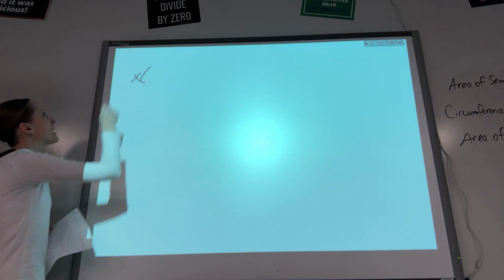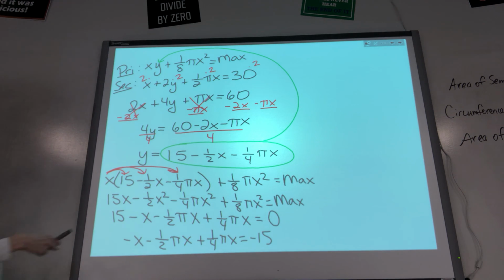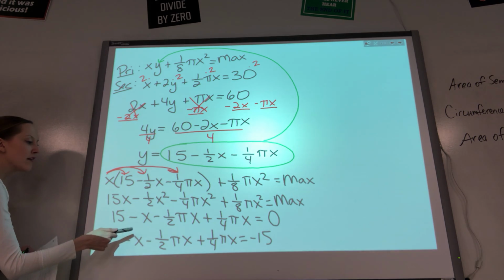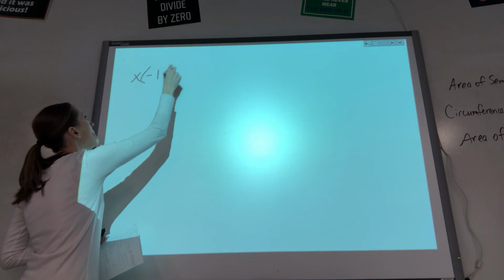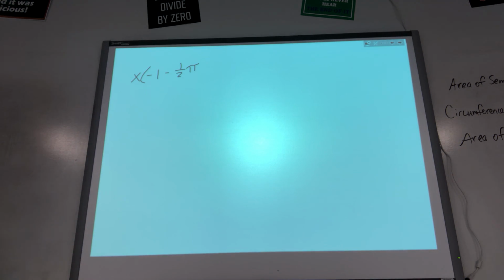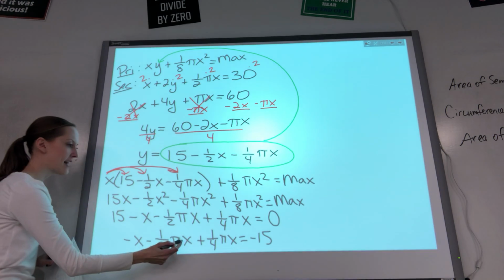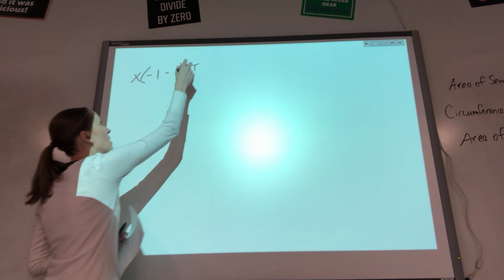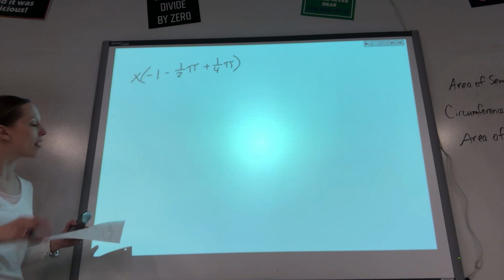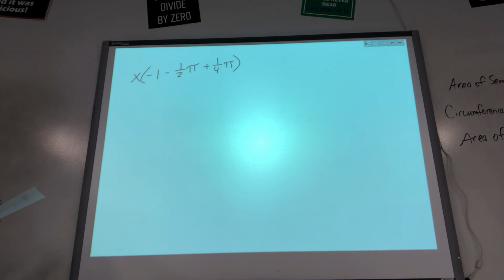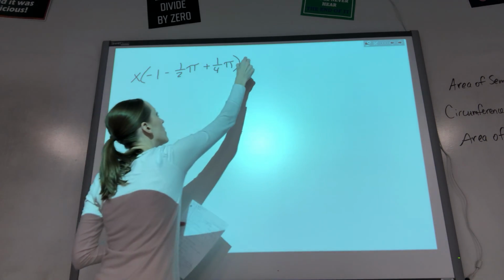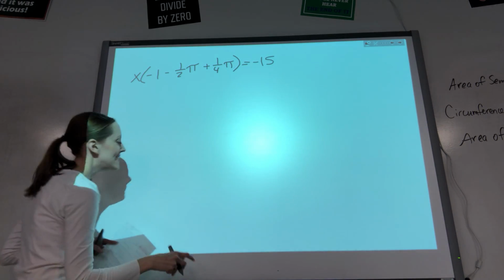Okay, so here we go. I'm going to go back and forth a little bit. Pull an x out. So this is now negative 1 minus 1/2 pi, going back here, I pulled an x out of that, plus 1/4 pi, and again, you could actually combine those because technically they are like terms, and it equals a negative 15.